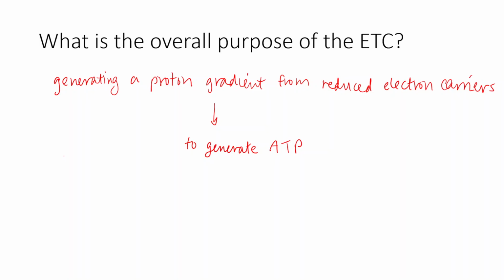So where do our reduced electron carriers come from? Yeah, exactly. So all of those different catabolic pathways that we learned about, all of those help to generate all of these reduced electron carriers.